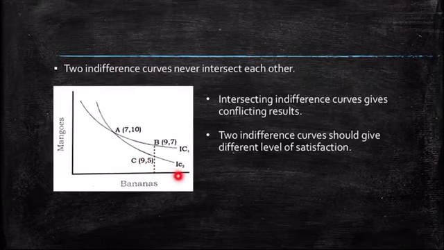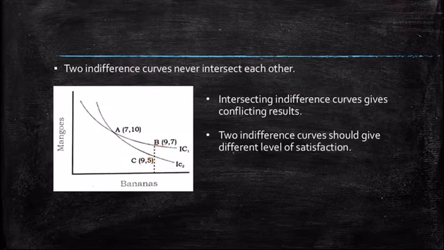So since A and B lie on the same indifference curve and A and C lie on the same indifference curve, we can conclude that B and C combinations both give the same level of satisfaction. But if you think carefully, it's totally against what we have learnt.